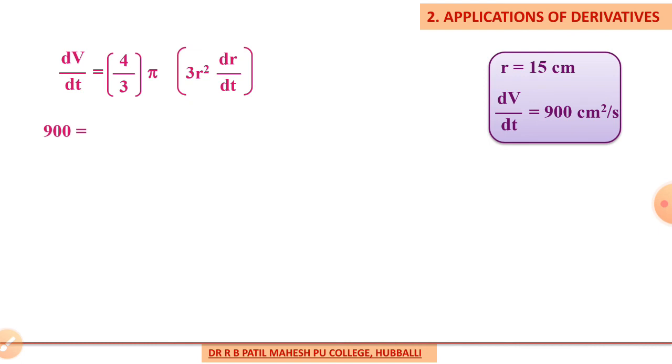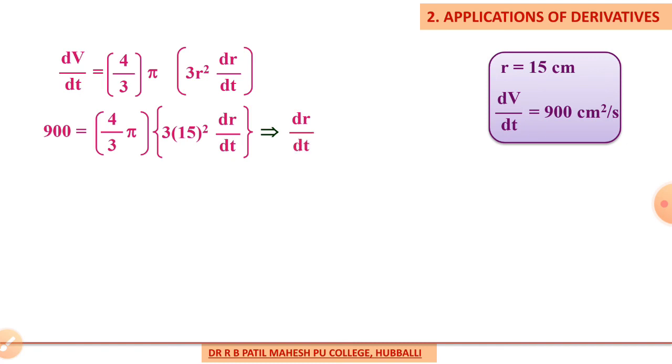Now here dV by dt is already given, that is 900 equal to 4 by 3 pi into 3 times, here r equal to 15, that is 3 into 15 square, and into dr by dt. Now simplify this, we get dr by dt is equal to 900.